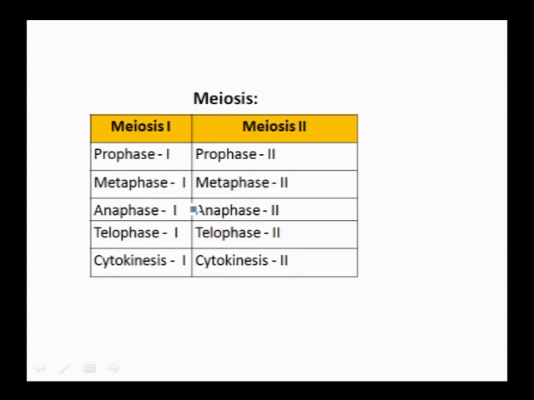That means after completing meiosis 1, a cell may or may not divide. In that case, it will divide into 4 daughter cells all at once at the end of cytokinesis 2. Meiosis II is also further classified into prophase II, metaphase II, anaphase II and telophase II, and ultimately the parent cell will divide into 4 daughter cells at the end of cytokinesis 2.